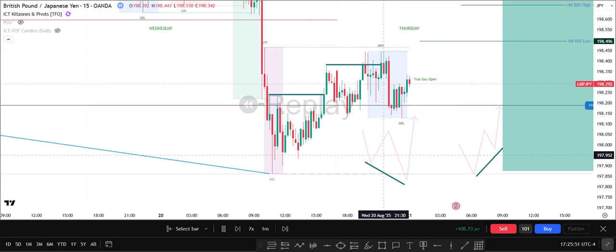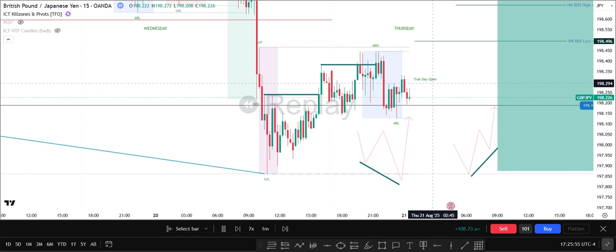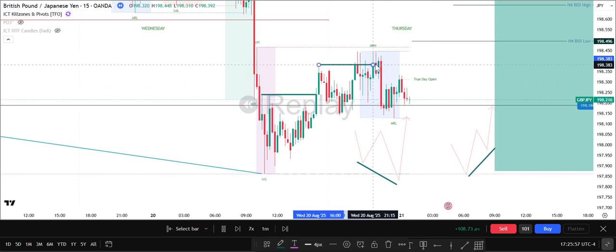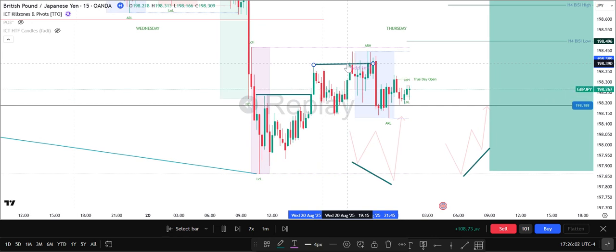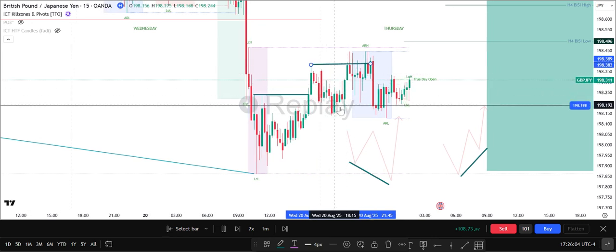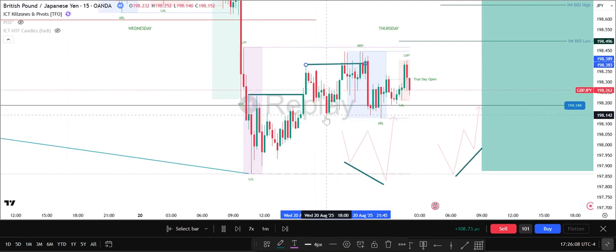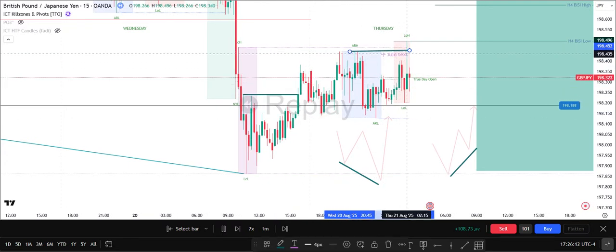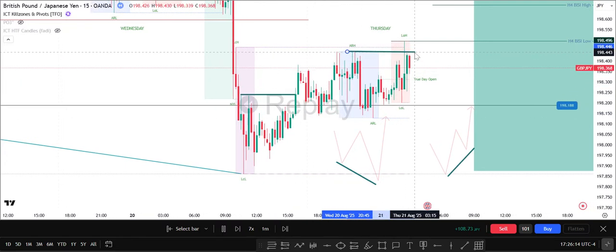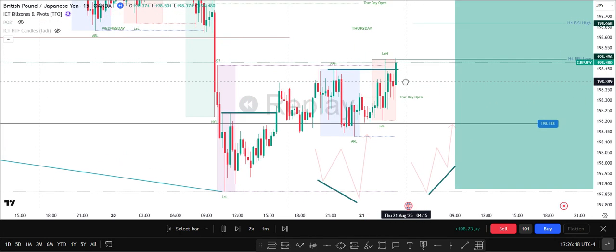So that is Asian range. Because this is now the new, you see this price took out this low, so we want to drag that here and make this our new order block. So that is London.